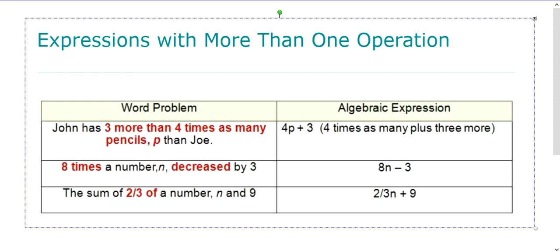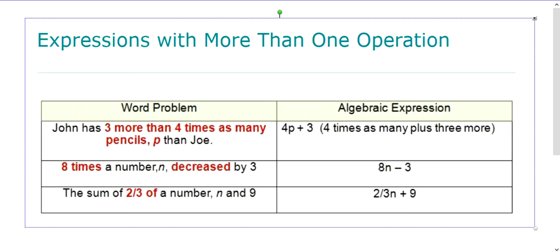Alright, and on this slide here, this is expressions with more than one operation. This could be tricky, but you just have to read what's there and write exactly what it said. Okay, so John has 3 more. You're going to add 3 to 4 times as many pencils. So you're going to do 4 times the P, the pencils, the unknown, and then add 3 to it. 4 times as many plus 3 more.